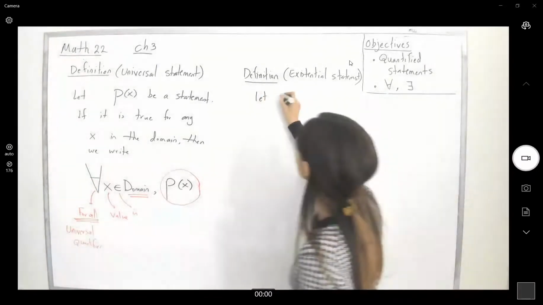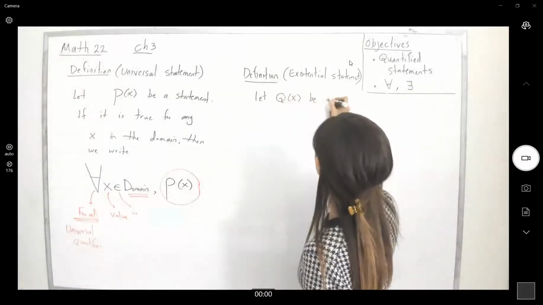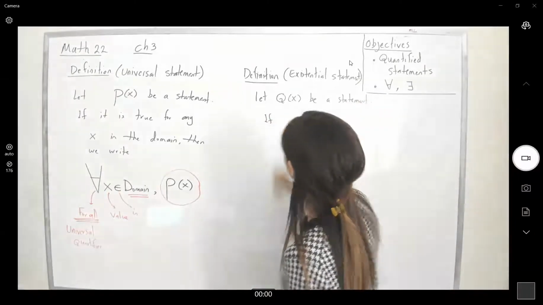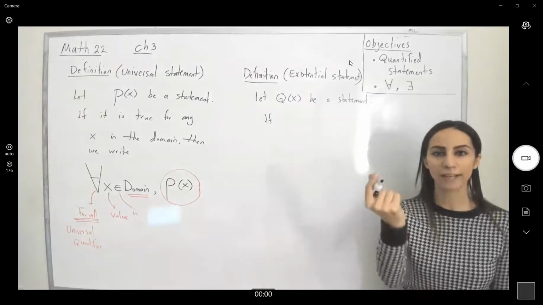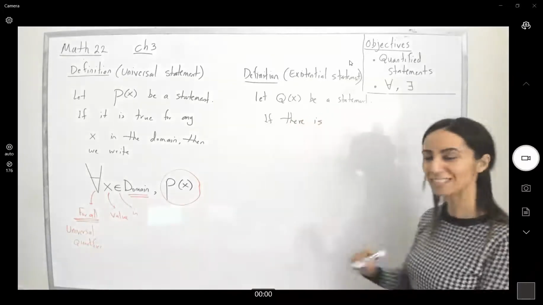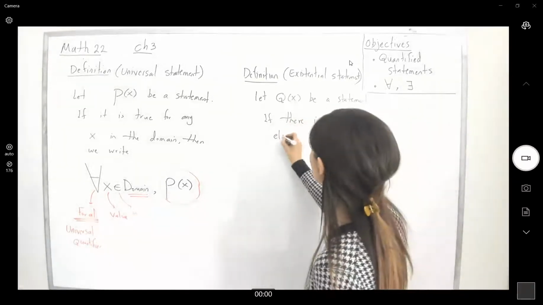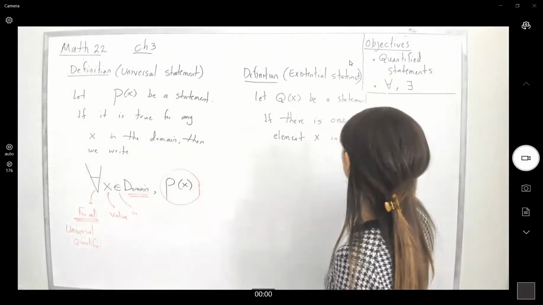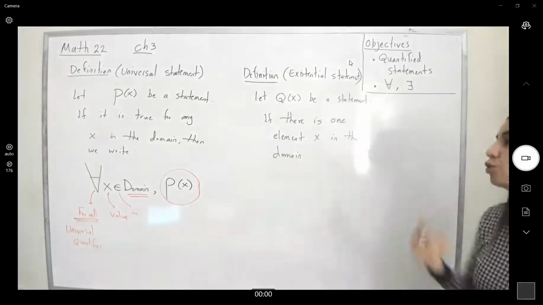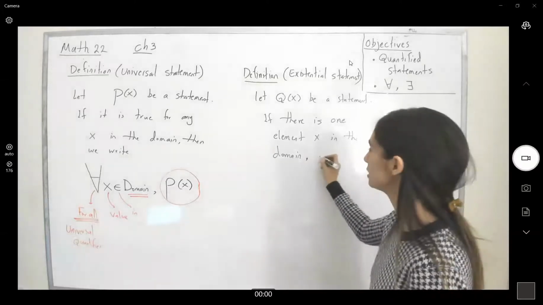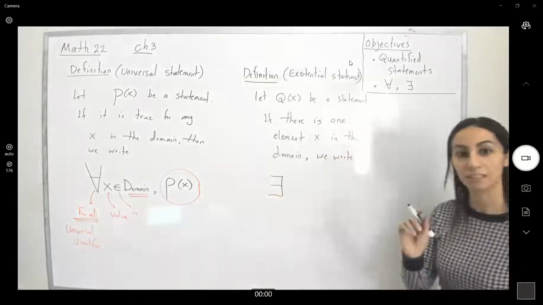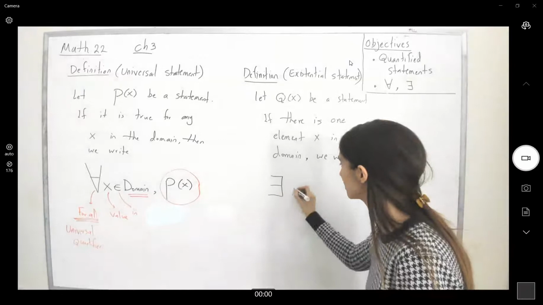For an existential statement, let Q of x be a statement. If there is one element in the domain, if there exists one element x in the domain such that Q of x is satisfied. There is a flipped capital E: there is x in the domain.